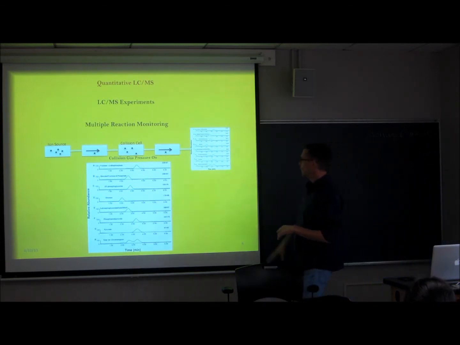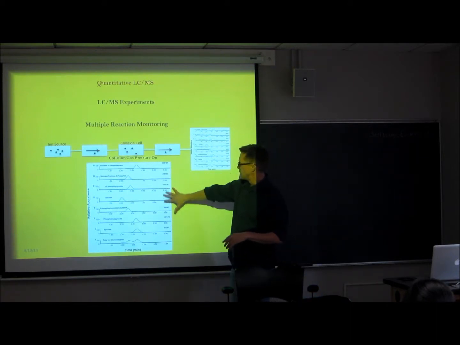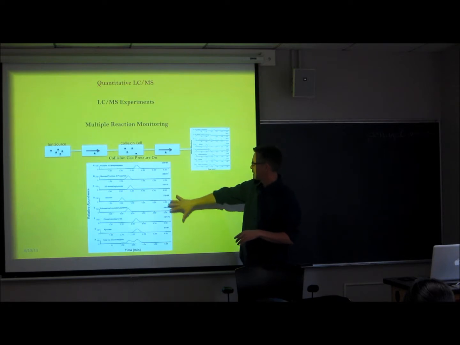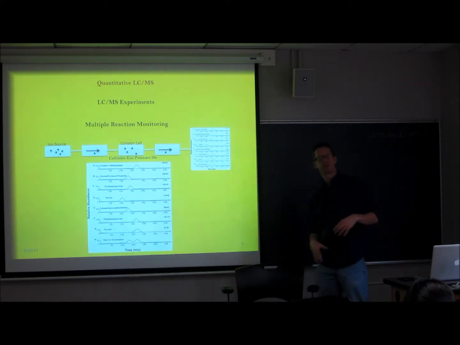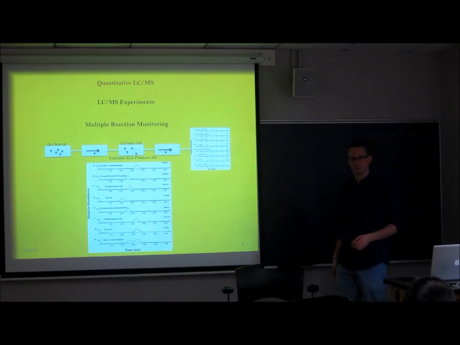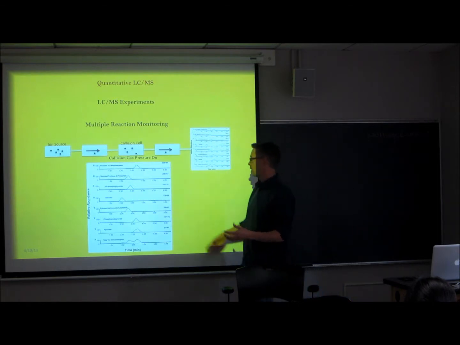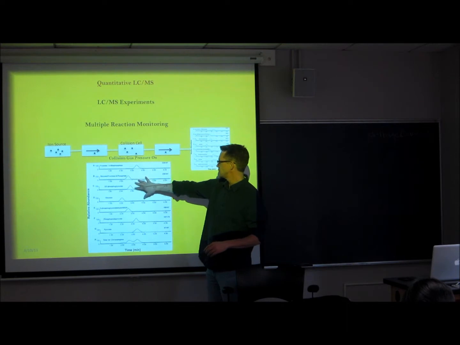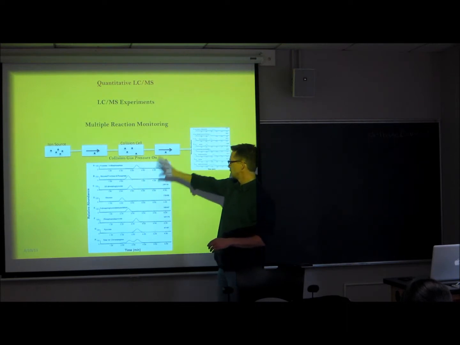But this is just an illustration of a different suite of compounds where we've set up MRM transitions. These are all glycolytic intermediates from glycolysis, central metabolism of eukaryotes and prokaryotes. So we've got fructose 1,6-bisphosphate, glucose, 2,3-phosphoglycerate, et cetera.